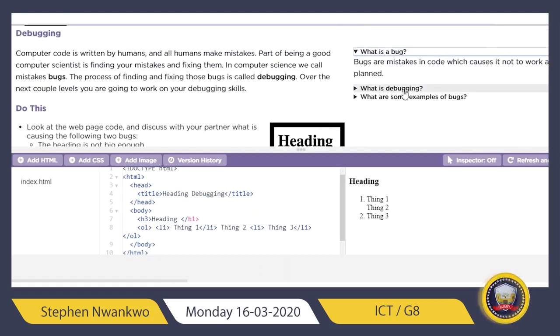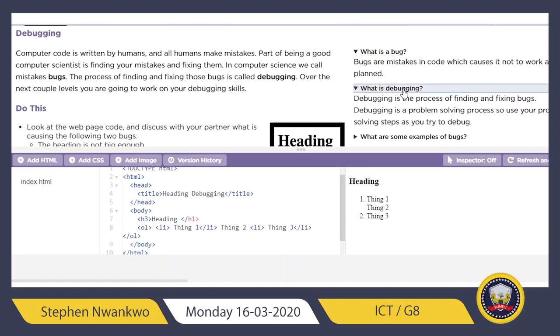So here, let's look at what debugging means. Debugging is the process of finding and fixing bugs. Now you are able to identify the bug in your web page. The process of finding and fixing the bug is called debugging.